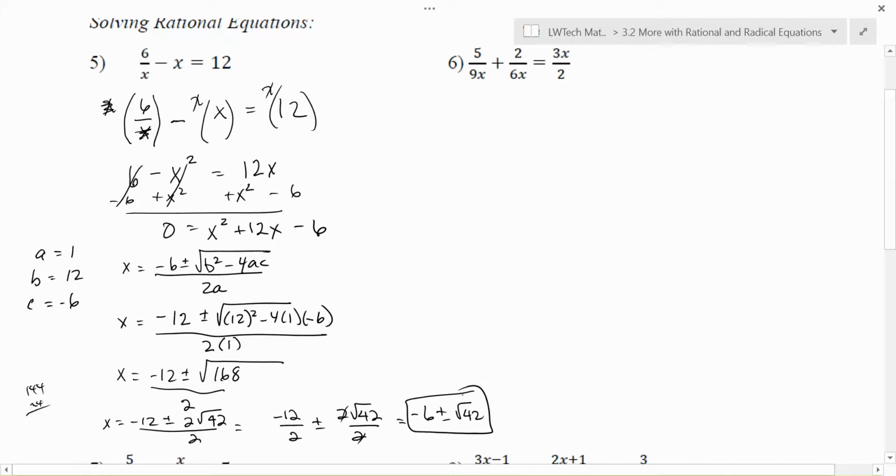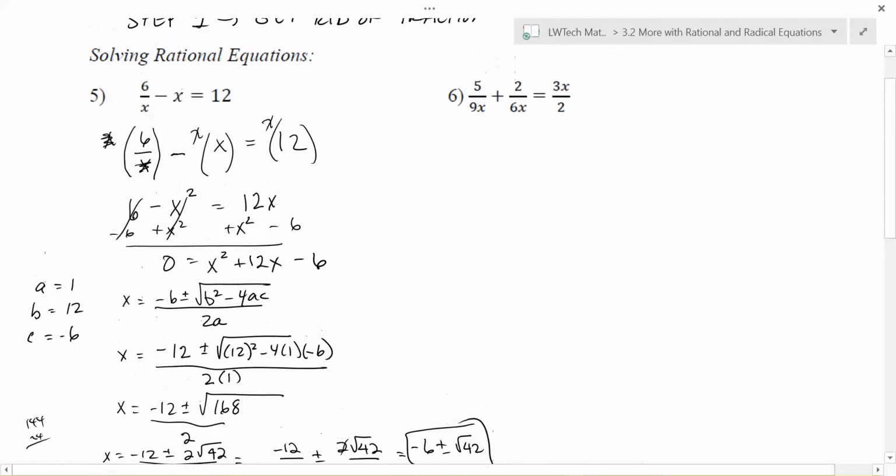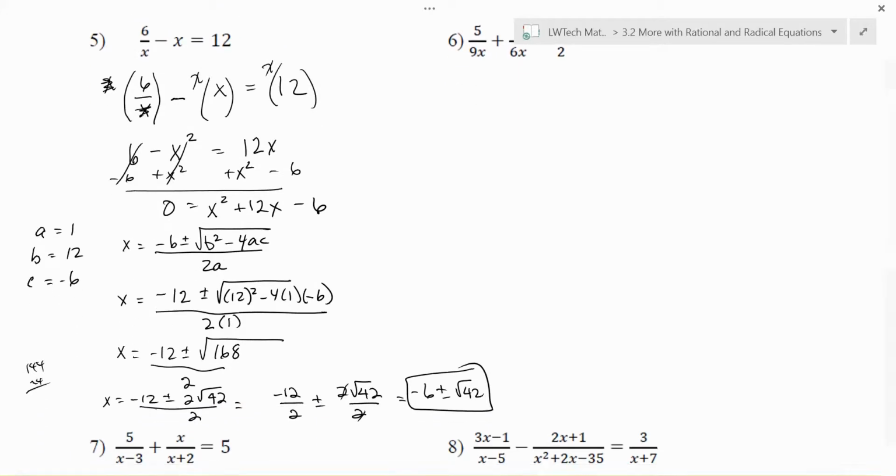You could also evaluate that on your calculator to get two different solutions in decimal form for what these values would be. But we do in fact get two different answers here for my solutions.